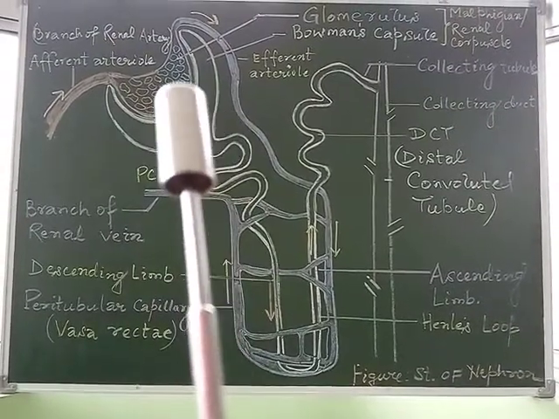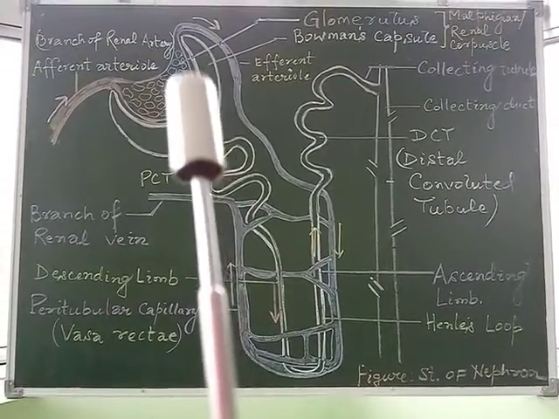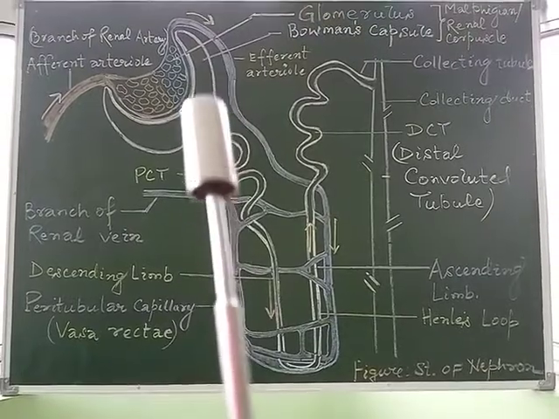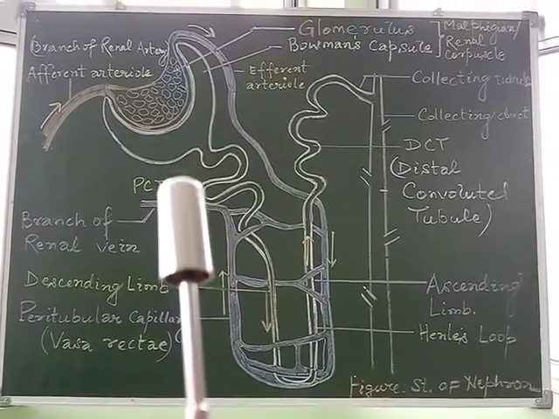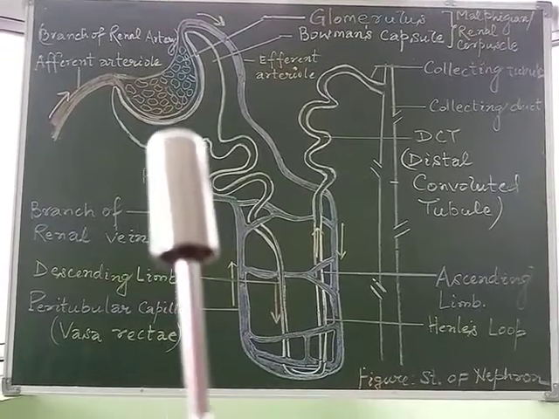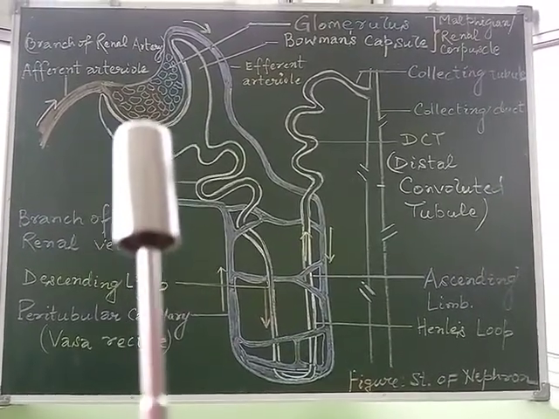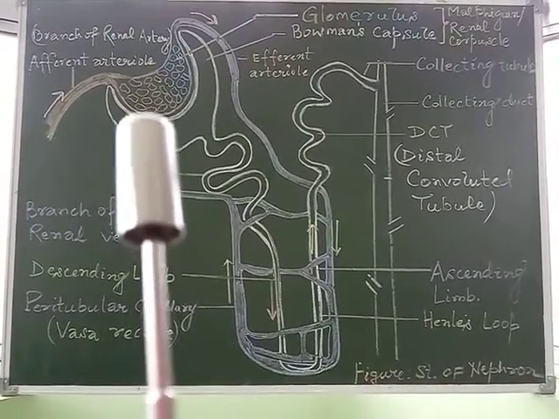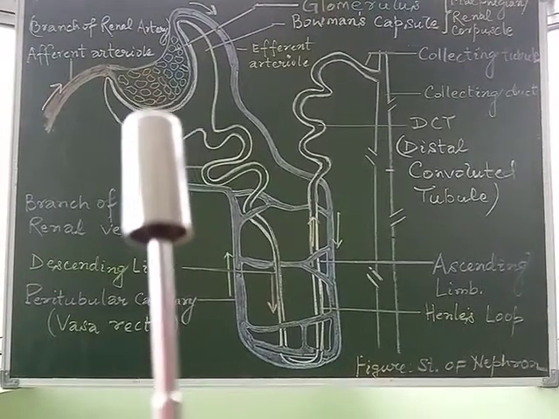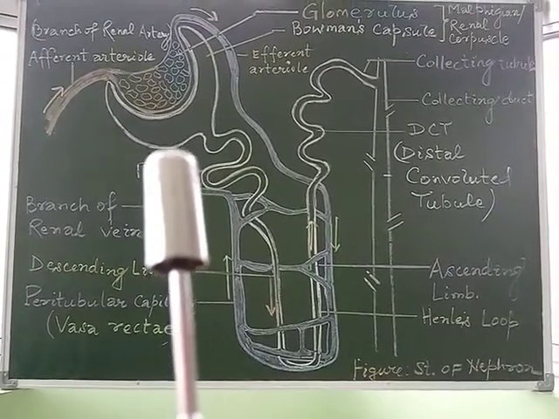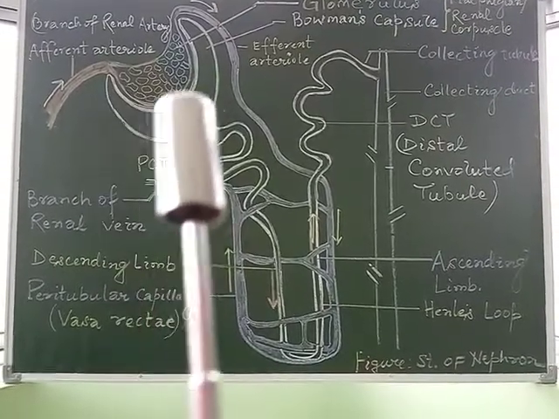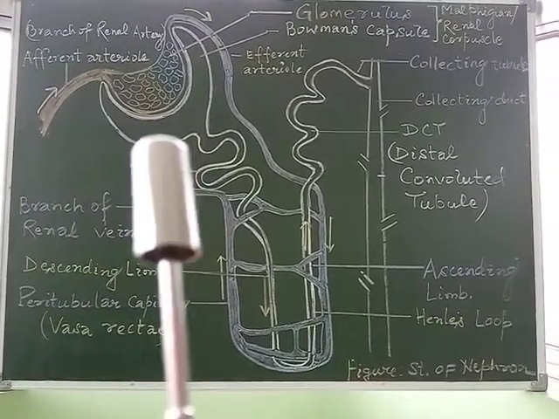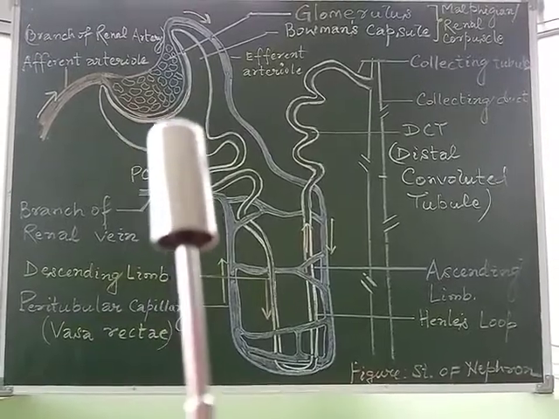The filtrate formed within the Bowman's capsule is known as the glomerular filtrate, and we may know that around 125 milliliters per minute of glomerular filtrate is formed in an adult healthy person.